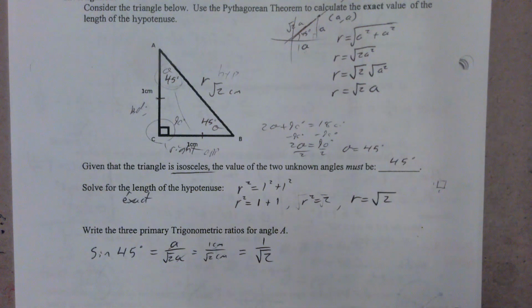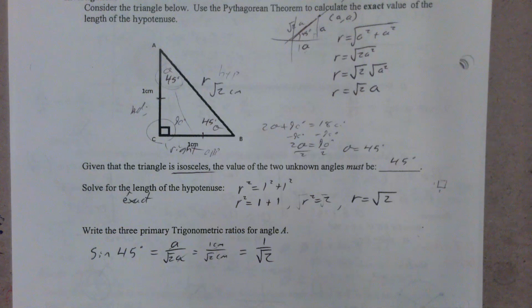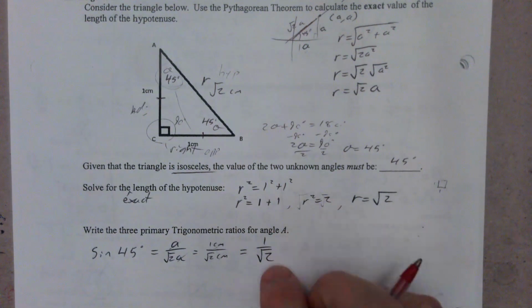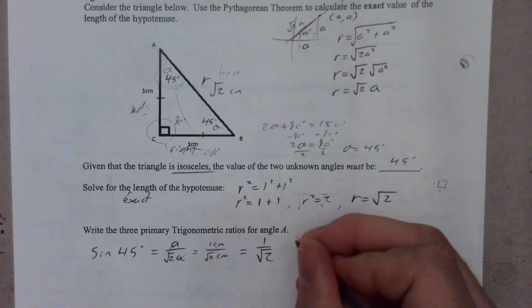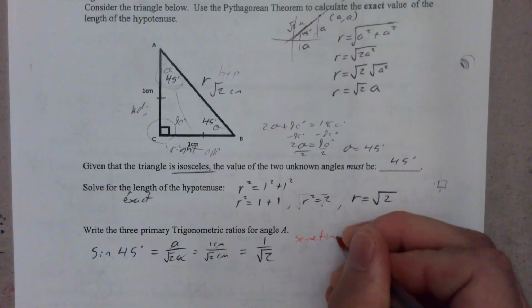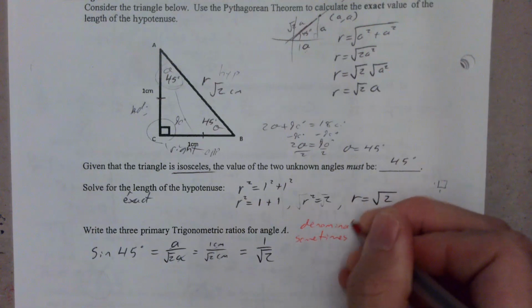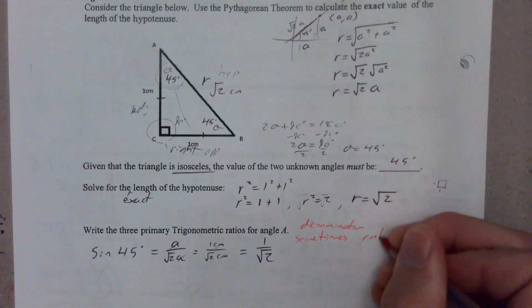The exact value for that ratio. And I don't need a calculator to do that. In fact, I should be able to explain and illustrate why that's the case. Now, this number is irrational, and it has an irrational number in the denominator. It is sometimes rationalized.